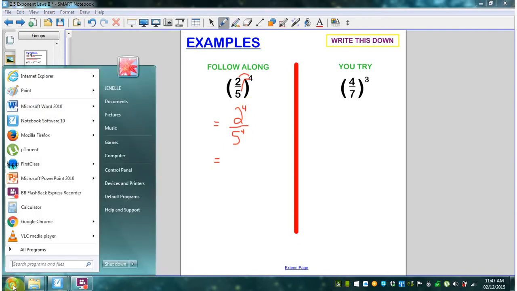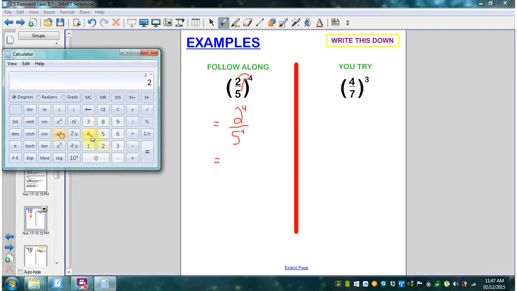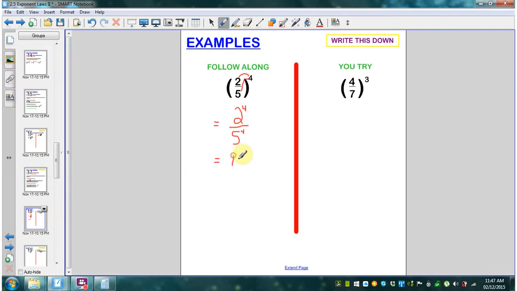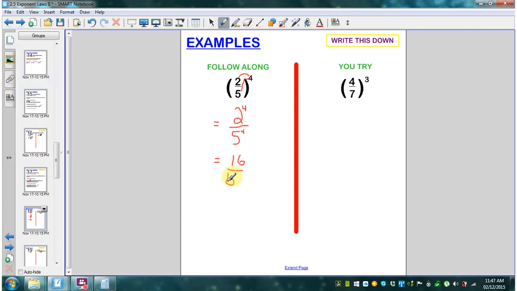Okay, so 2 to the power of 4 is 16 over 5 to the power of 4 is 625. And then you can simplify this if you can.